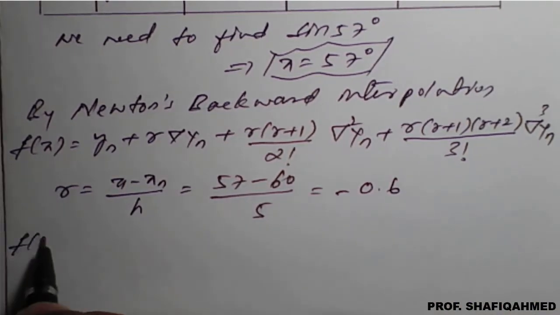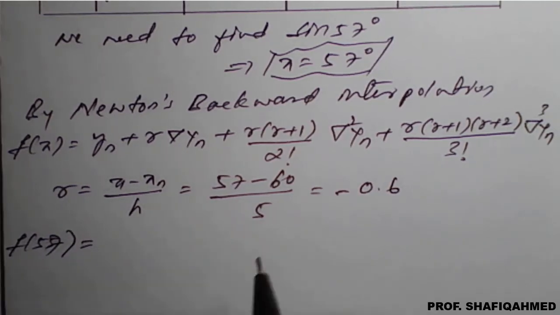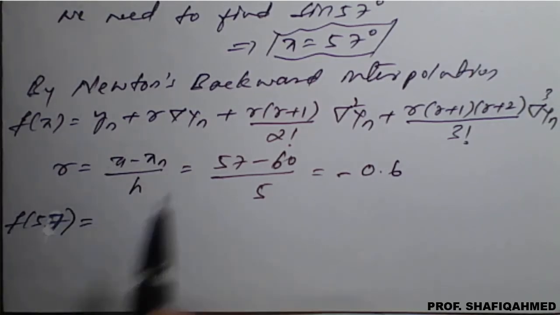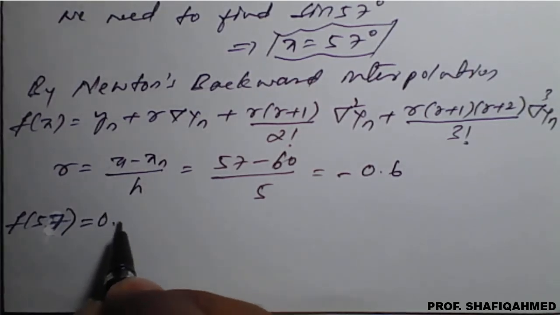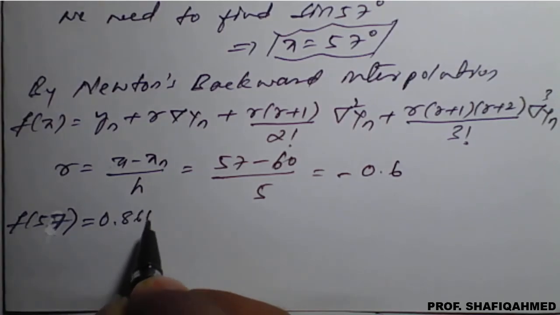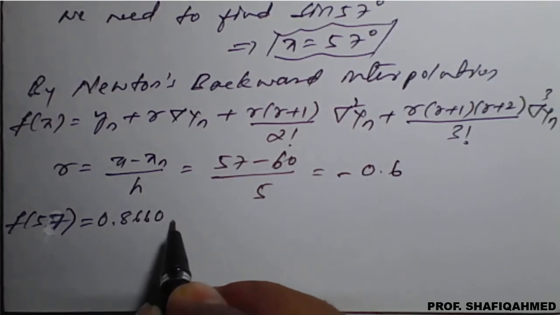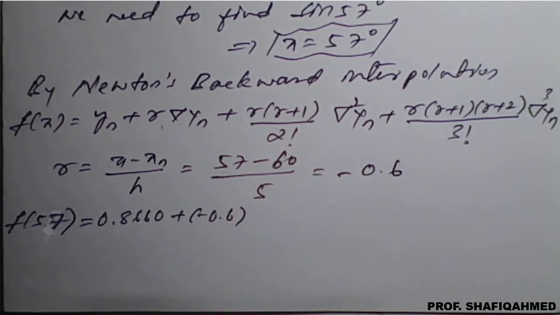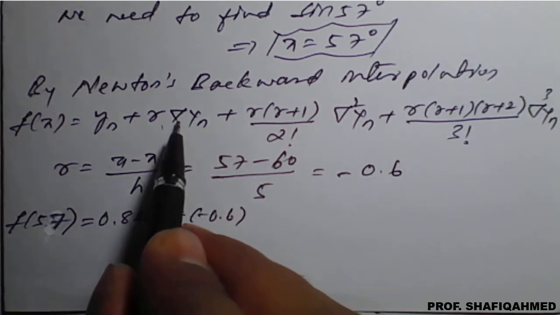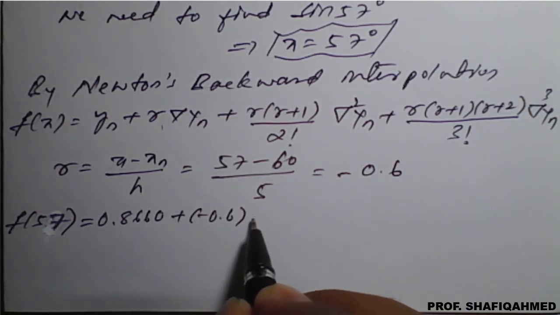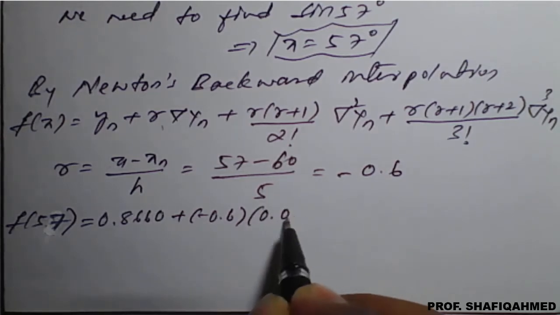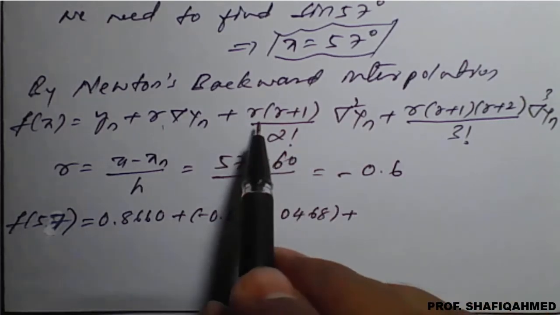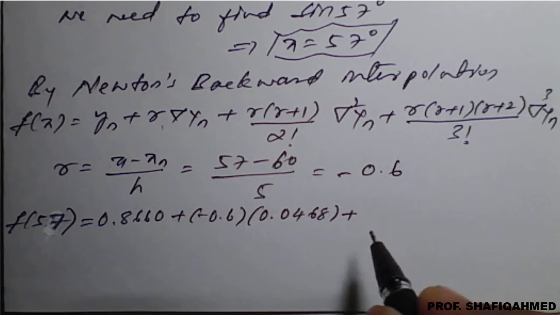So we are finding f of 57, which is equal to yn value; from the table it is 0.8660, plus r value, which is minus 0.6, times nabla of yn, from the table it is 0.0468, plus r into r plus 1 divided by factorial 2.